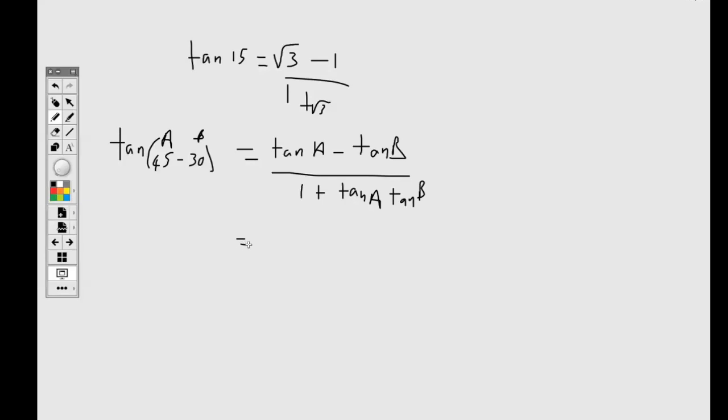So substituting, I have tan 45 minus tan 30 over 1 plus tan 45 times tan 30.